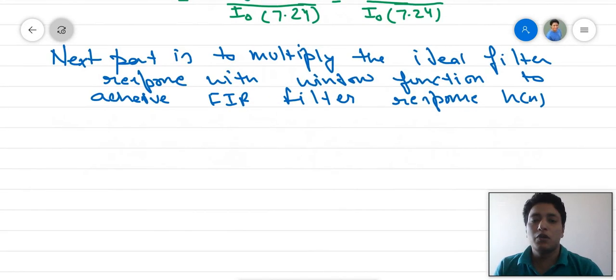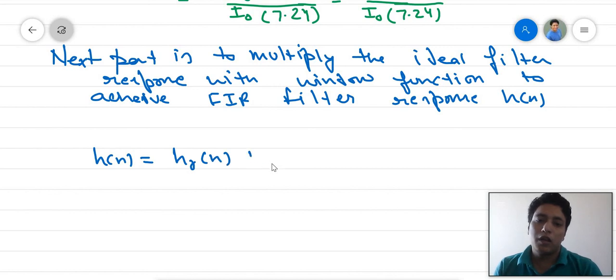So h[n] is equal to hd[n] into Wk[n] for the Kaiser window.